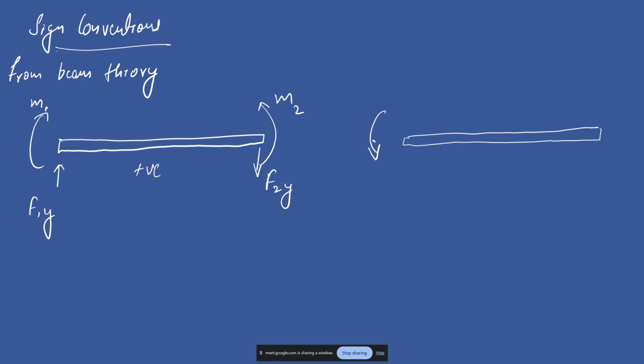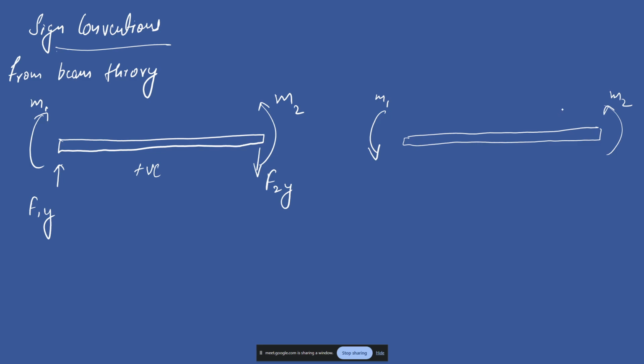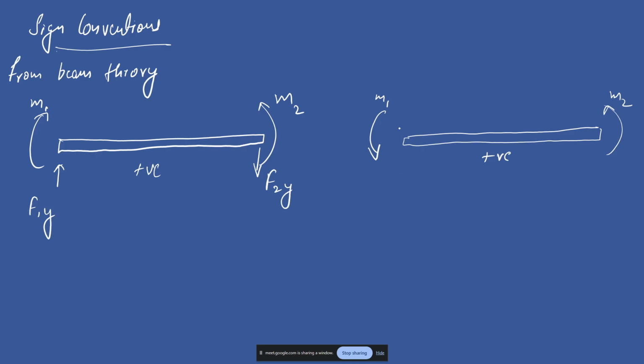And on similar lines, you have the applied moments M1 and M2. So what are the conventions which we use while making the stiffness matrix? This is your positive, and here you have F1y, and here you have F2y.